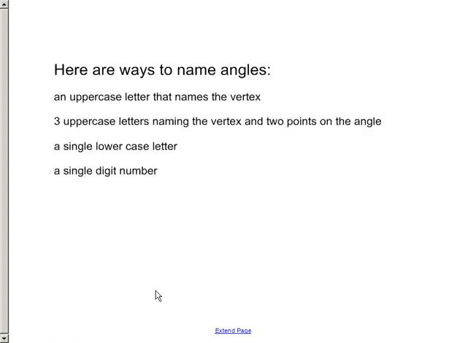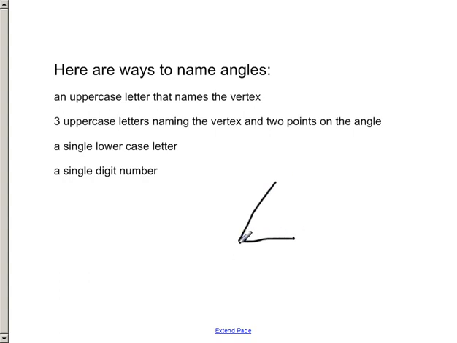And before we begin that, just a reminder, there are different ways to name angles. We can draw an angle and label it with an uppercase letter that names the vertex. So again, if I took my drawing utensil, which comes up slowly here, and I were to draw an angle, I'd be able to label that vertex point.